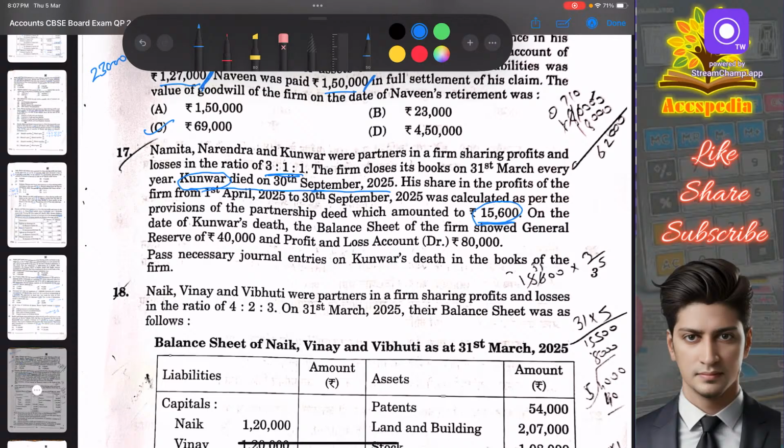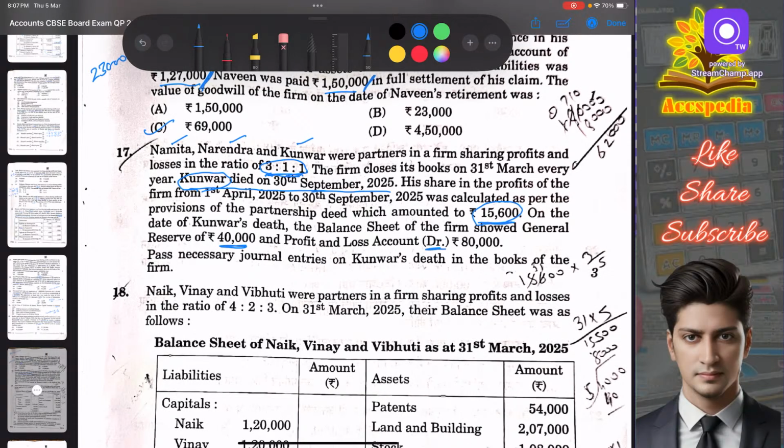Then there is a general reserve of 40,000 which has to be credited to all the old partners in 3:1:1. Journal entry: general reserve account debit to Namita's capital, to Narendra's capital, to Kunwar's capital, and this 40,000 is divided in 3:1:1. Total share is 5, so divided by 5, 1 share is 8,000. So he is having 3 shares, 24,000. This is the distribution.